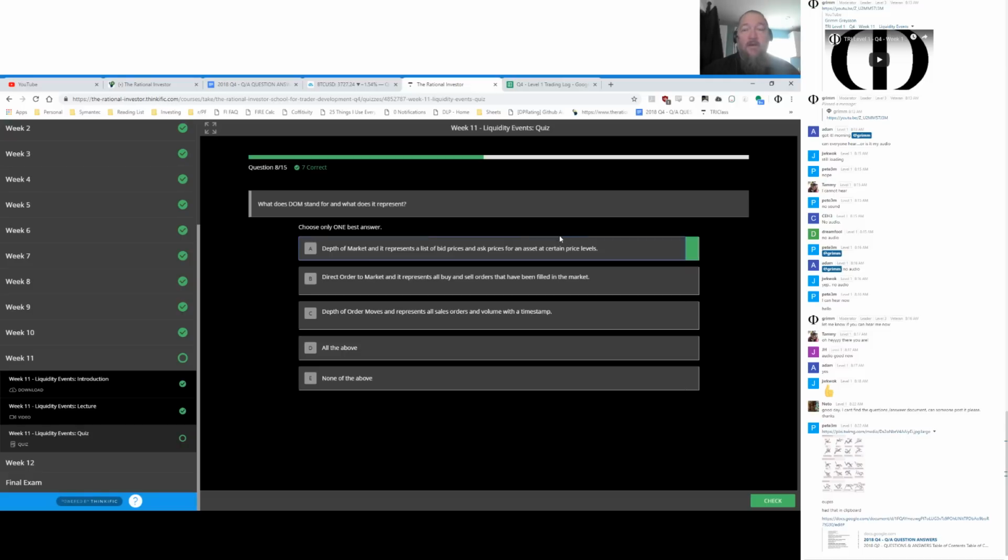If you're on BitMEX, or if you're on Bittrex, if you're looking at this particular exchange, they'll often show on the right-hand side different price levels, and you'll see bars that come across that will show you the respective amount of bid prices and ask prices, the volume of orders at that given price level. Okay, so that's depth of market.